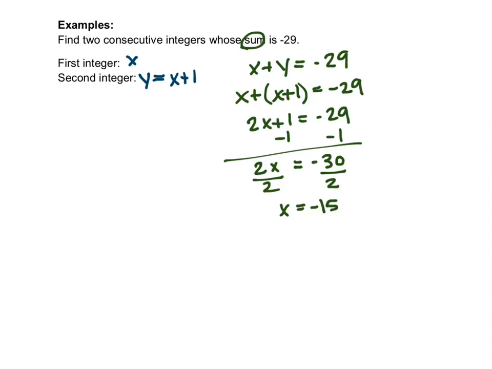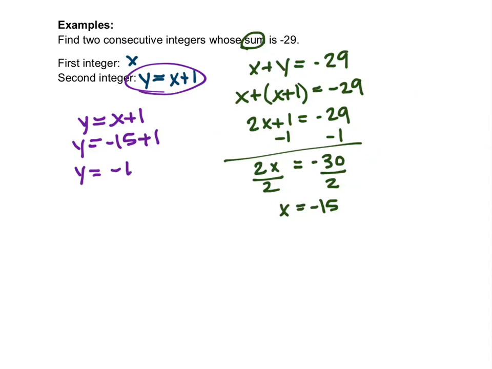And the way to always get it correct is to go back into the original equation, this idea right up here. So if I go back to y is equal to x plus 1, I can say y is equal to negative 15 plus 1. Here, this is going to give me y is equal to negative 14.